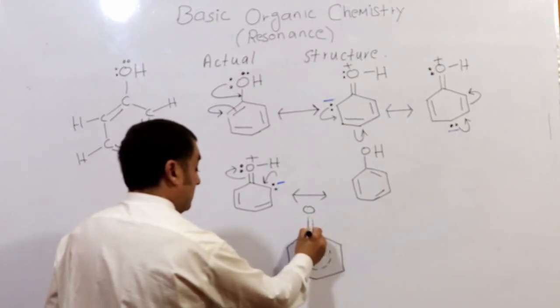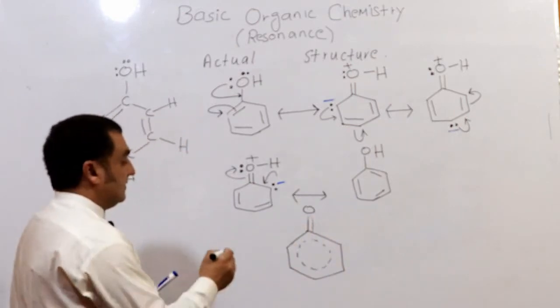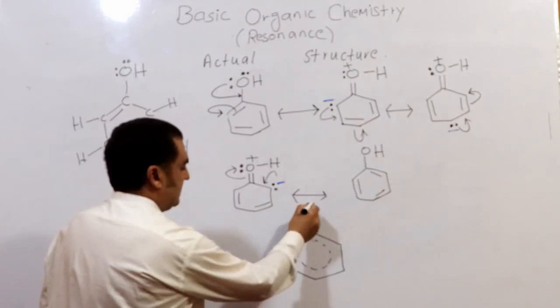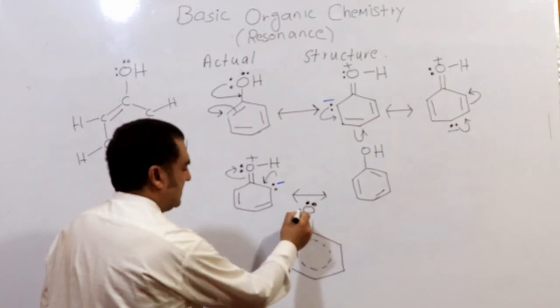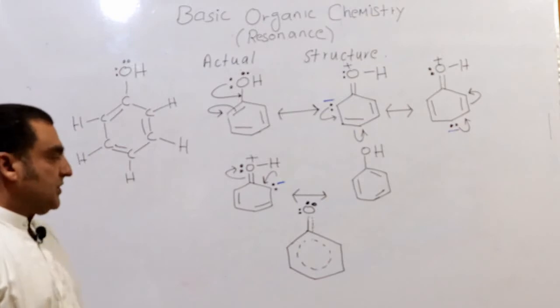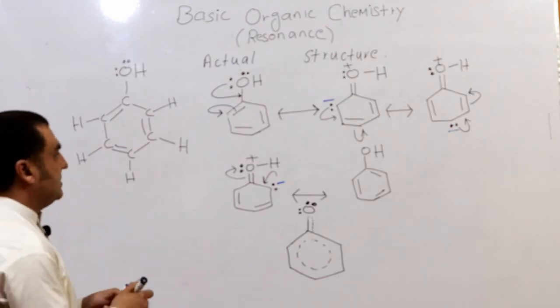So what does this structure say? This is one lone pair, and the other lone pair I am writing as normal, and the other lone pair is smaller because some contribution goes to the ring. Okay, so for this structure, this is its OH.